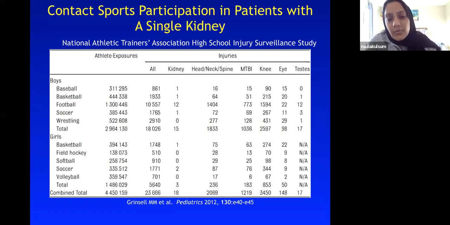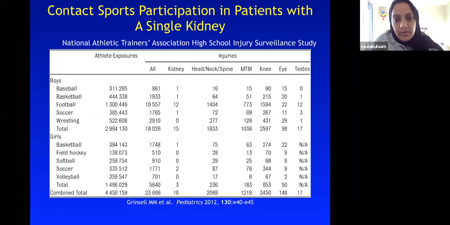This was a study done in 2012, which is where the now recommendations have come to the American Academy of Pediatrics. If you look overall, the kind of sport-related injuries we see is mostly head and neck injuries with all kinds of sports, and the kidney injuries are way less compared to head and neck injuries.